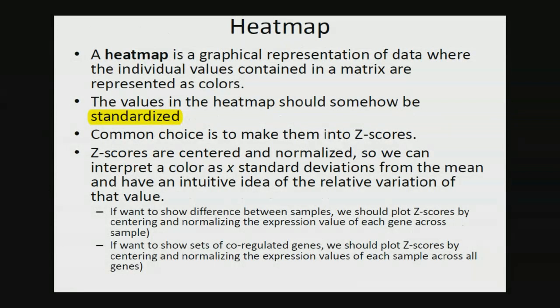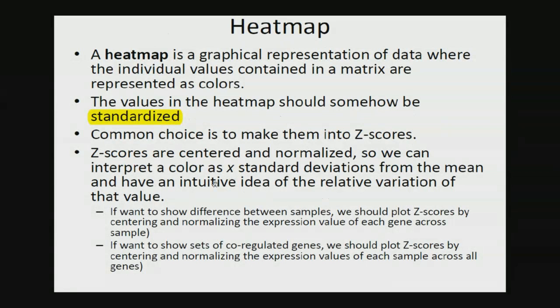It's just the value minus the average, divided by the standard deviation. That way we can rescale all the values, and the color, the temperature of the heat map, will not be that drastic after you standardize.